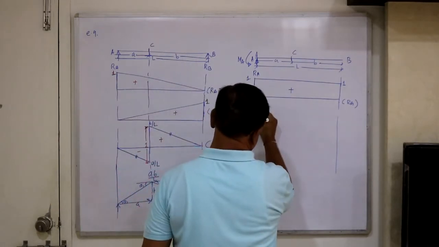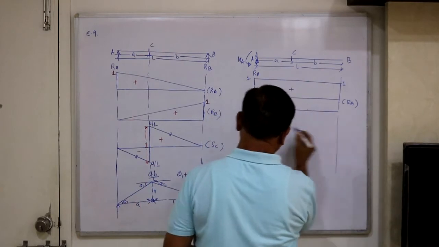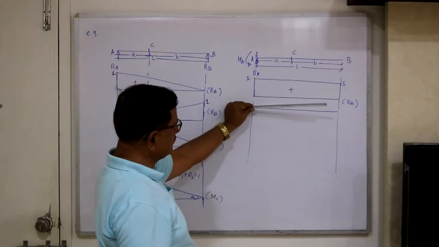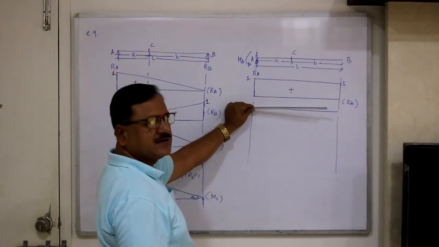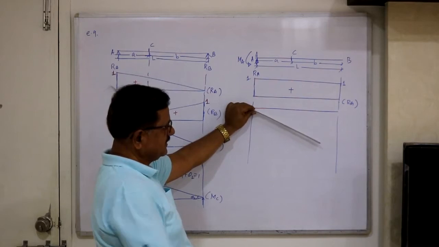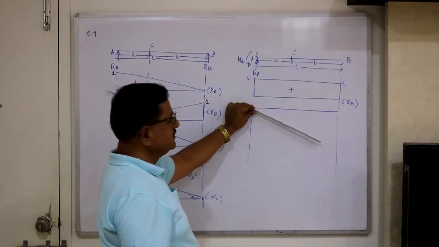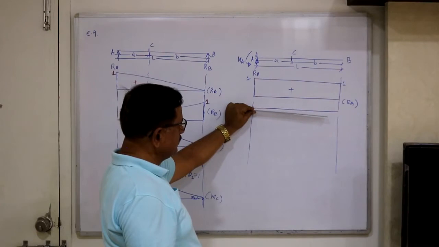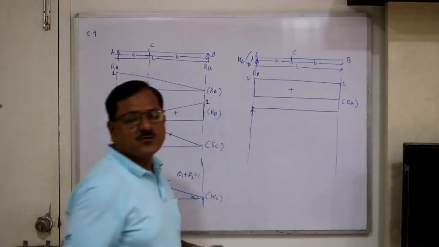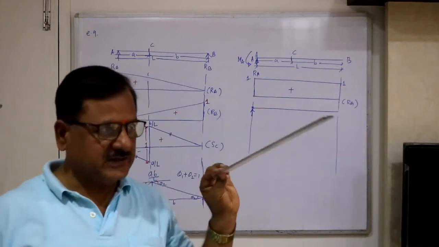Now for MA, what we have to do? For MA, introduce a hinge here. If I introduce the hinge in a cantilever and rotation is allowed, what will happen? It will come down and it remains straight. But vertical deflection is not allowed because vertical support is there. Only rotation is allowed.